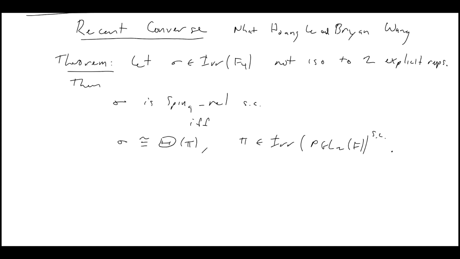We just discussed the upward implication. But in fact, the converse is also true, except maybe for these two guys. Okay, so let me just say a final word about what are these two explicit representations.